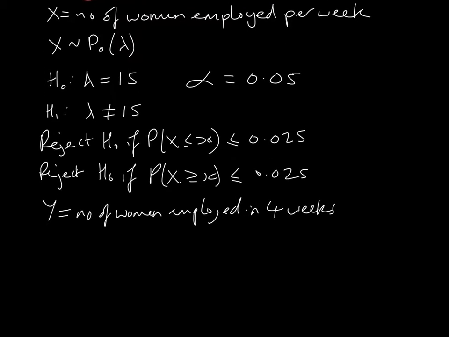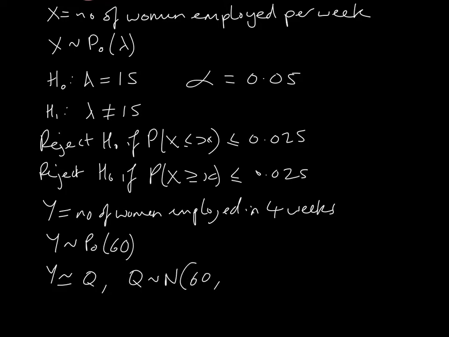So we would say that Y has a Poisson distribution of 60, and 60 isn't in our Poisson table, so we need to approximate Y to another random variable, let's say Q, where Q has a normal distribution with a mean of 60 and a variance of 60.